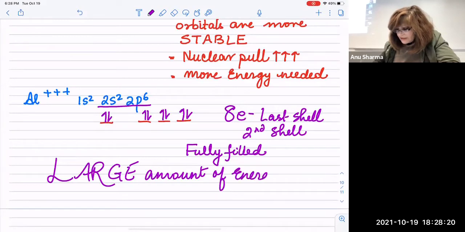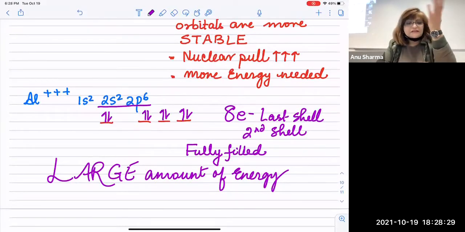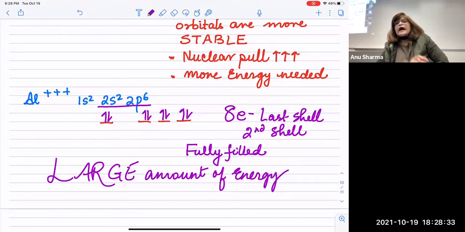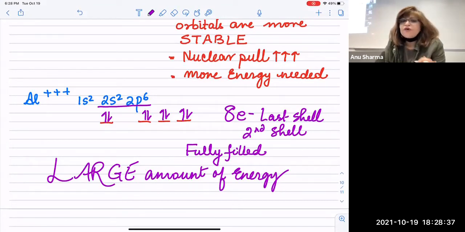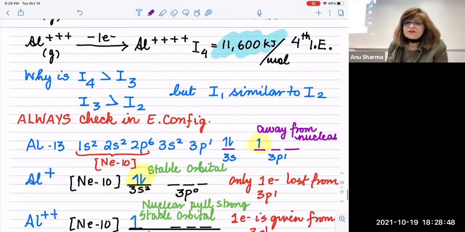I mean, in chemistry, that's the thing with chemistry. You can create any kind of conditions. You can increase the temperature, decrease the temperature, increase the pressure, add a catalyst and so forth. So you can create any kind of conditions and get the results. But it's a very extreme condition, 11,600, that's a lot of energy, okay?